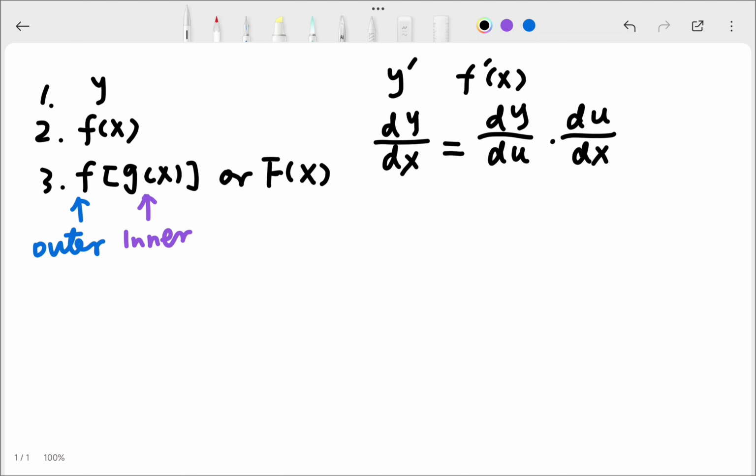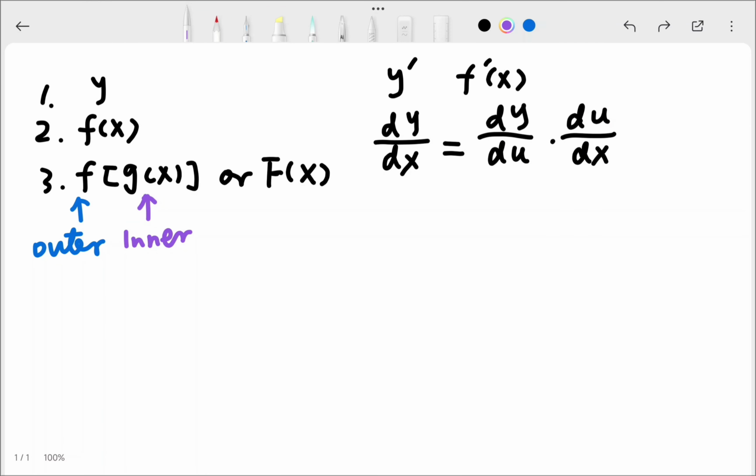So we have dy over dx equals dy over du times du over dx. If we are treating these notations as fractions, we can easily cancel du and du out. This leaves us dy over dx on the right-hand side, which is the same as the left-hand side of the equal sign. So this formula works.